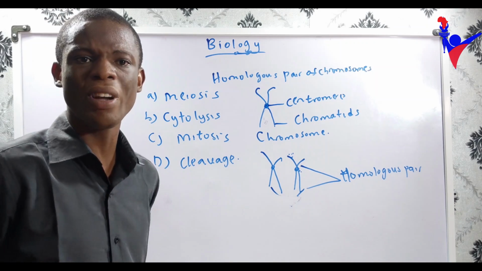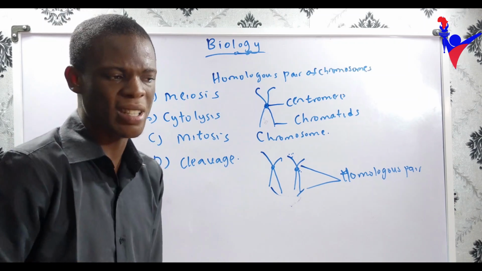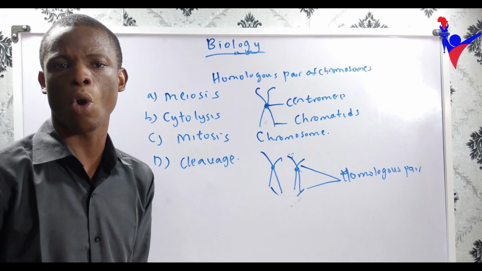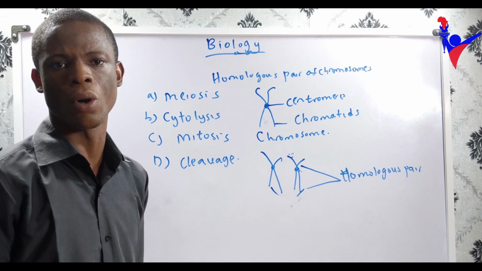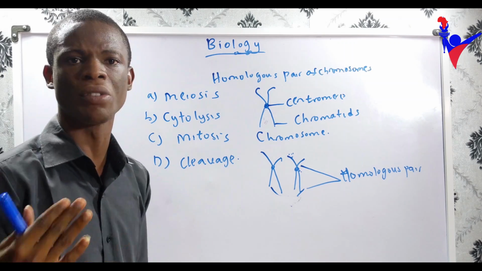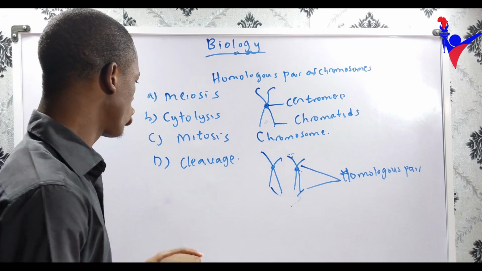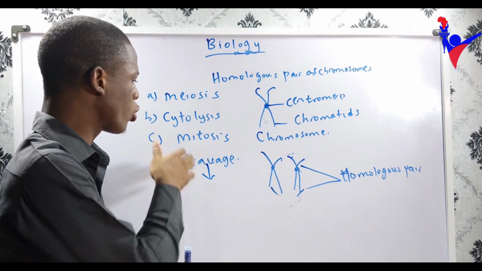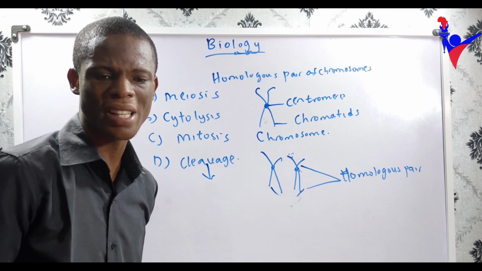Cleavage. What is cleavage? Cleavage means a division or successive division of a cell. Cleavage is a division that occurs in a fertilized cell. So cleavage is a series of divisions. Having known that cleavage is a series of divisions, let's go to mitosis.